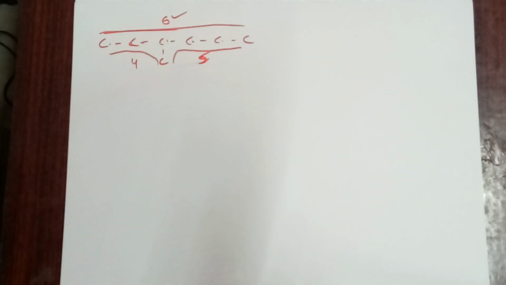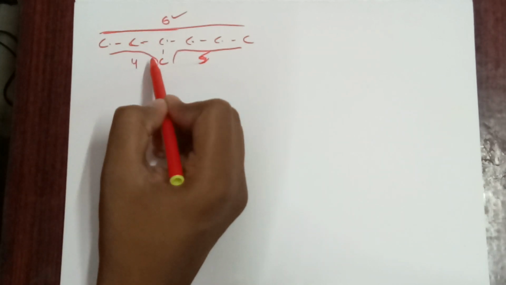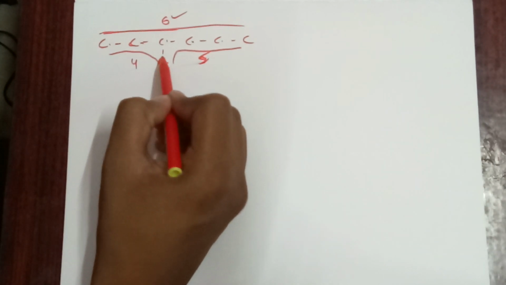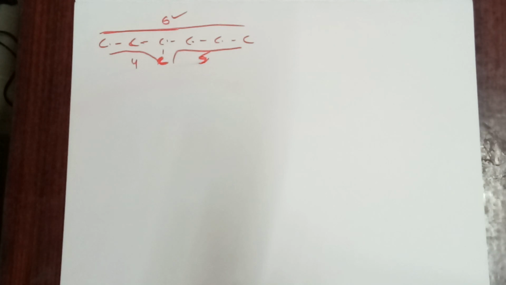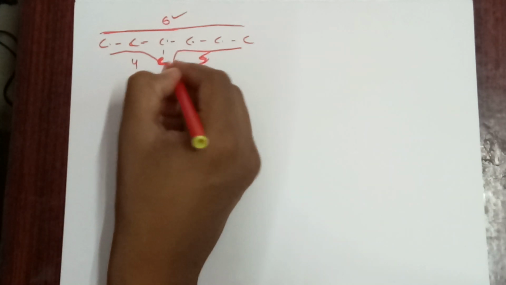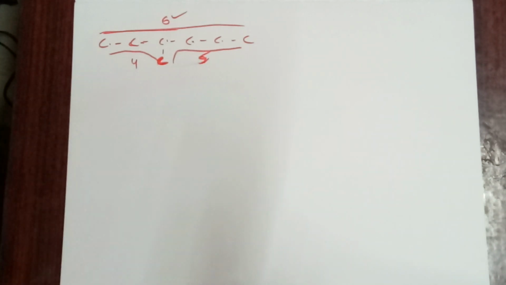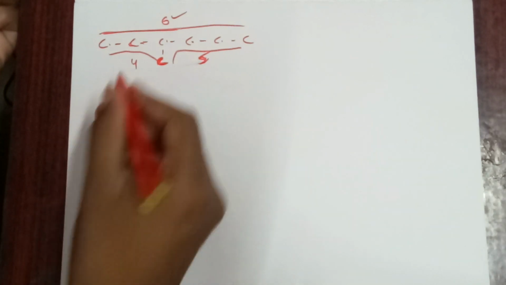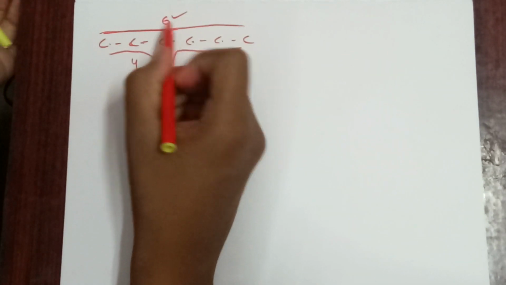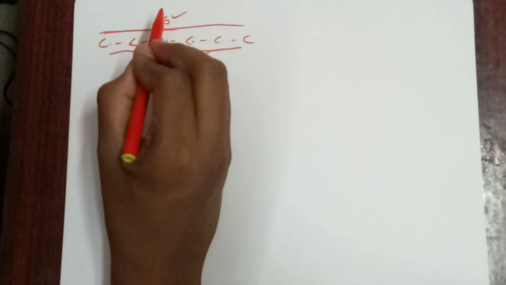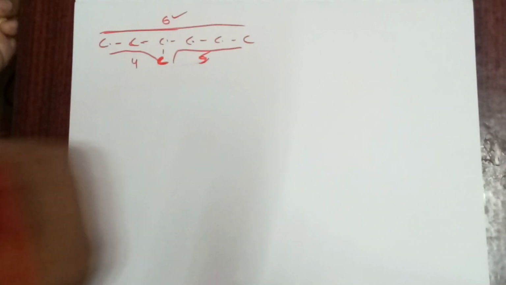For the prefix, many of you may be thinking now that there is no prefix, but you are wrong. This carbon chain also has this one, right? We have to mention that C. But this chain's numbering should be given according to this chain only. Okay.